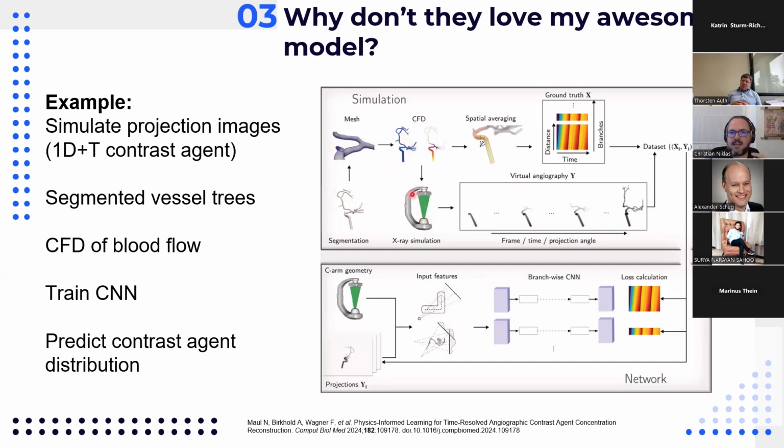They simulated X-raying them like the machine does, and they performed CFD, computational fluid dynamics, in 1 dimension plus time, where they looked at how the contrast agent, so the medication that shows how the artery is perfused, how the blood flows through it, they simulated that in these vascular trees.